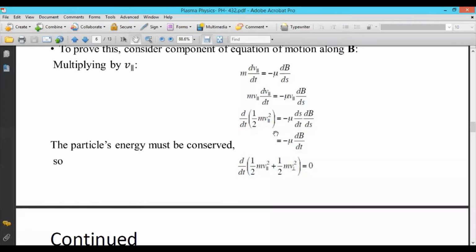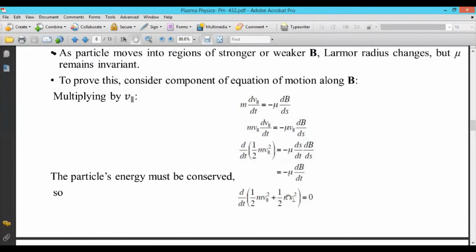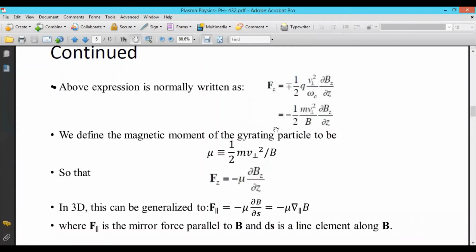So the particle's energy must be conserved. That is, d by dt of half m v parallel squared plus half m v perpendicular squared must be equal to 0. And we know that half m v perpendicular squared equals mu times B, which we have already mentioned in our earlier equation.